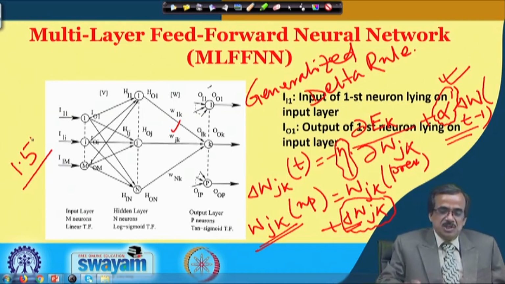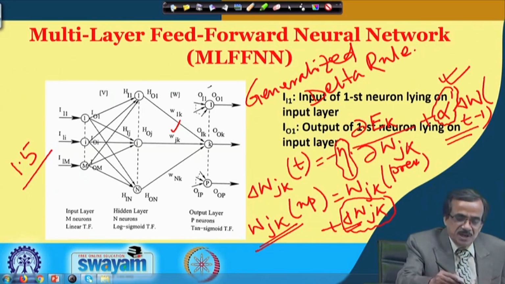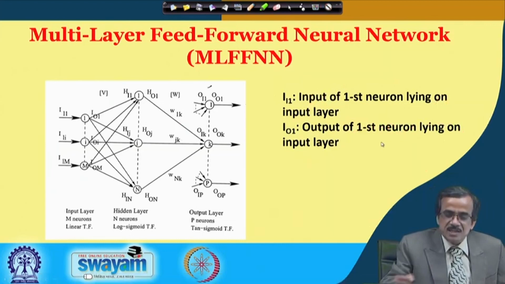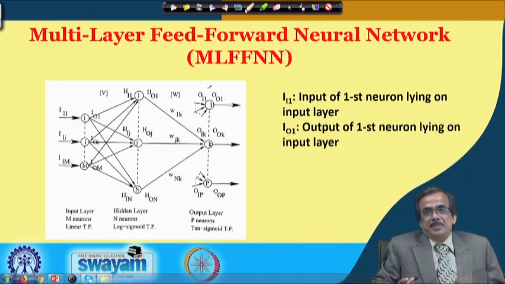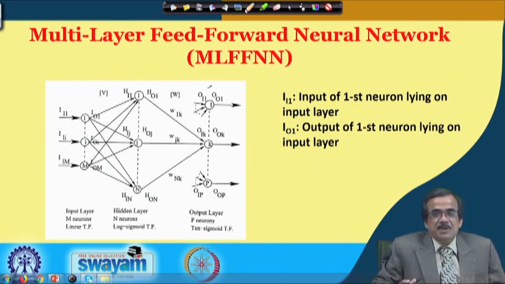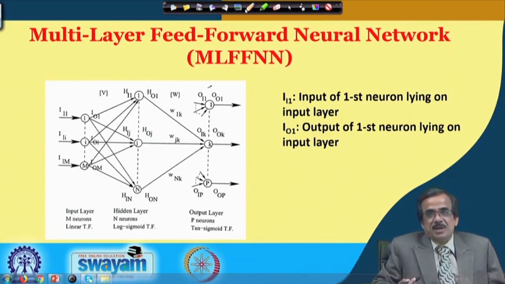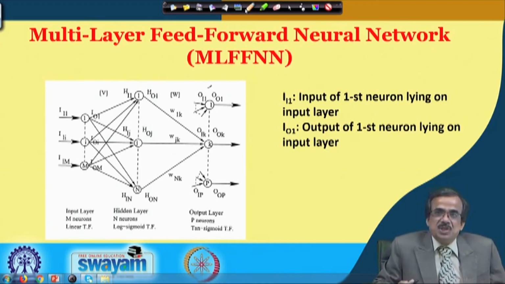This situation is known as the instability problem of this network. That means the network has become unstable, it has lost its balance, and it is going to behave in a very erratic way.